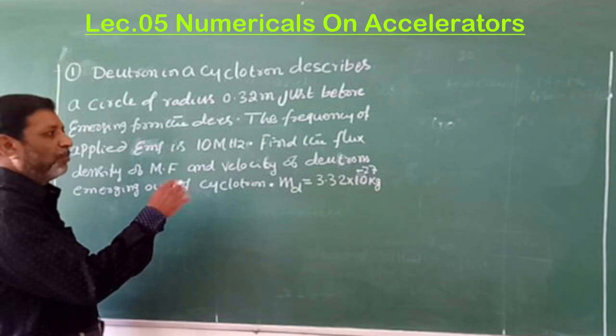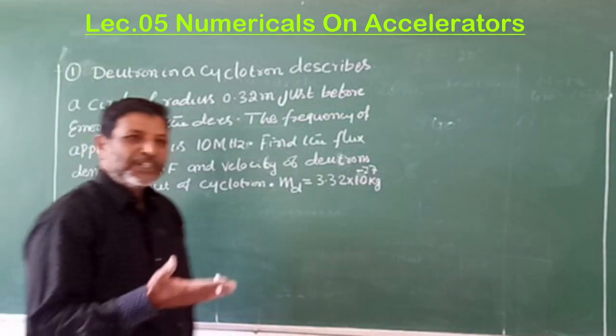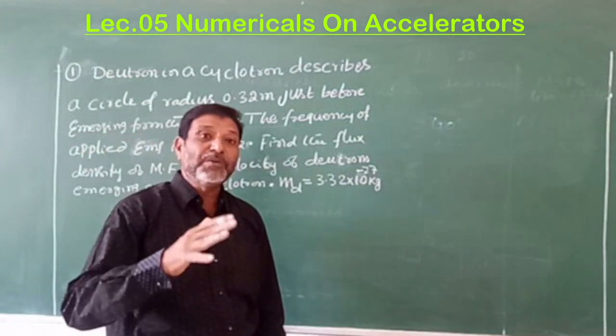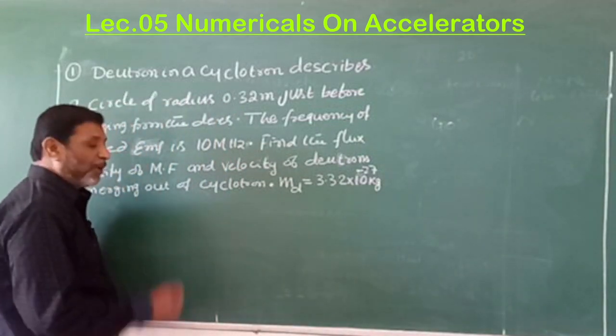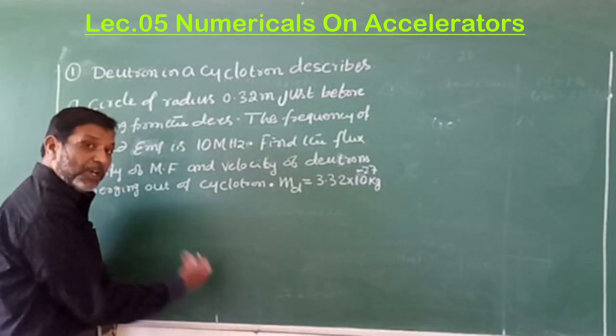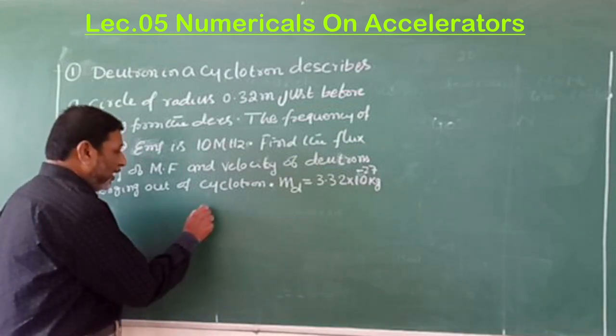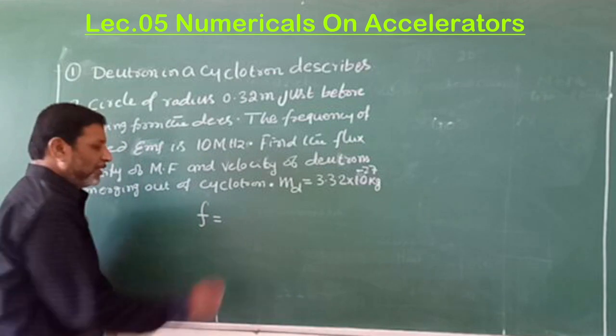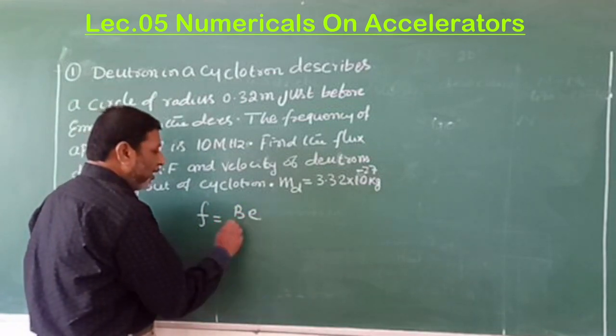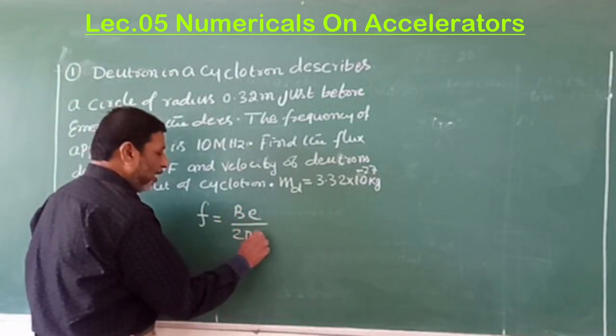In solving the problems concerned to these accelerators, in particular the cyclotron, the important useful formulas we have already discussed. The frequency F is equal to BE divided by 2 pi m.